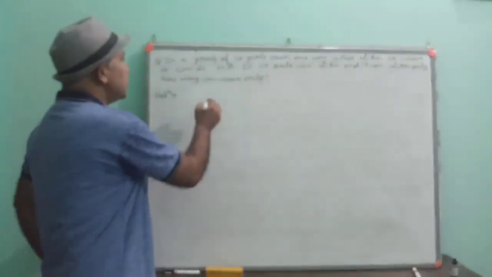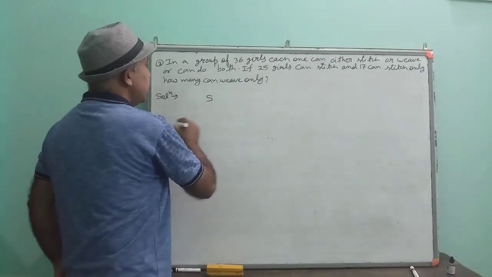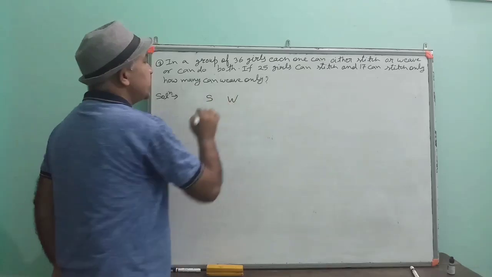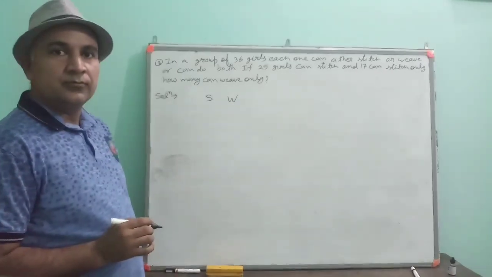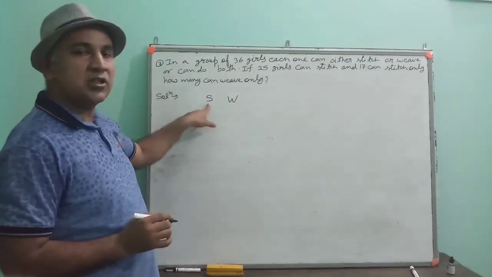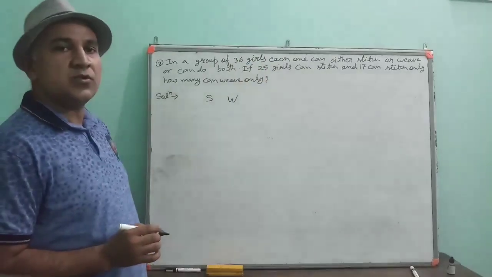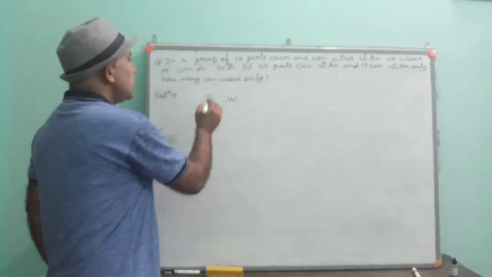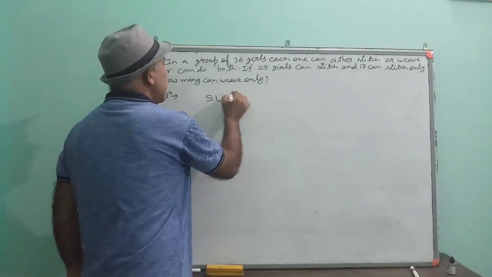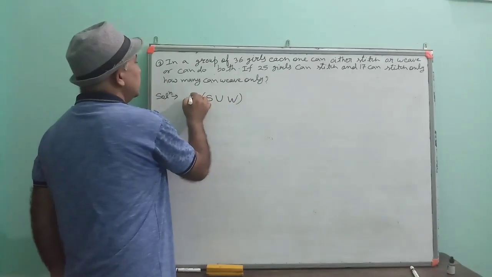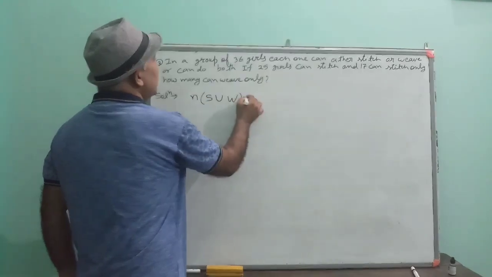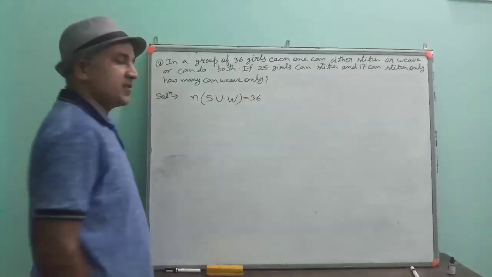Suppose stitching girls are represented by S and weaving girls are represented by W. S represents those girls who know stitching and W represents those girls who know weaving. So in this question, n(S union W) is given as 36.